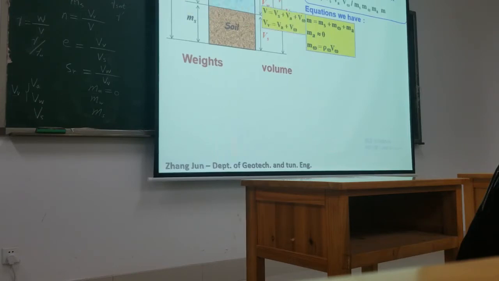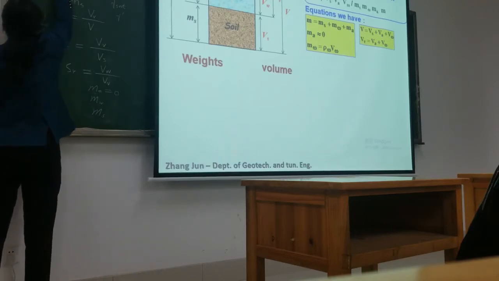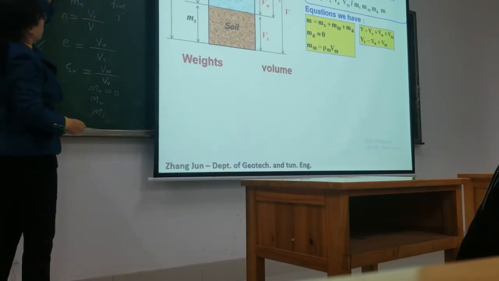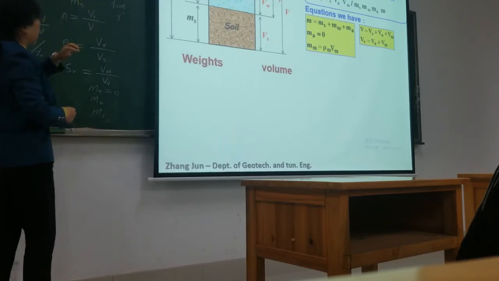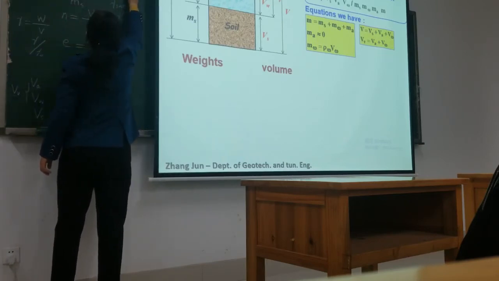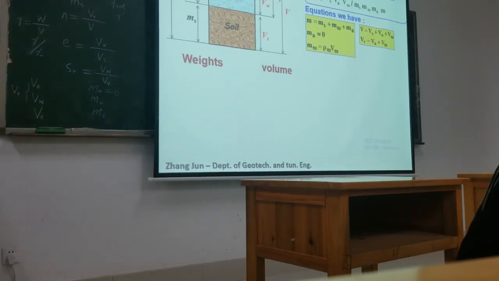And for volume, the relationship of volume here: volume of soil grain plus volume of void together give the volume of soil.